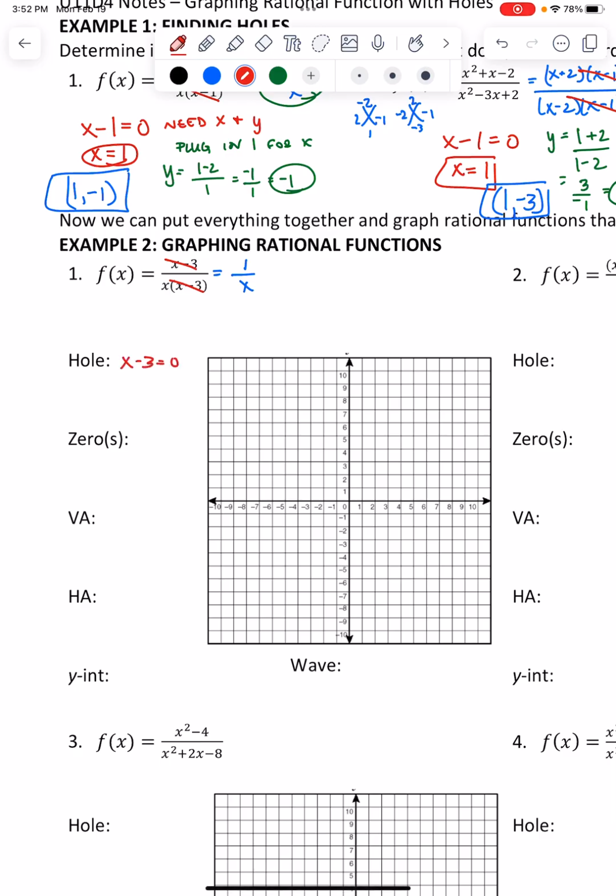So we set that equal to 0, and we get x equals 3. Then we plug that into what we have left, so y equals 1 over 3. So our hole is the point (3, 1/3). Okay, so that's what we're working with there.